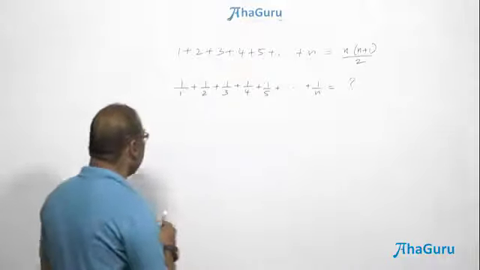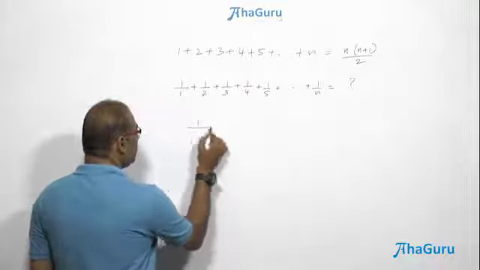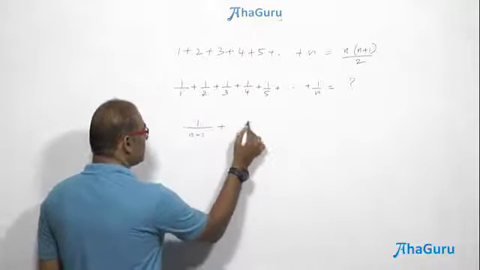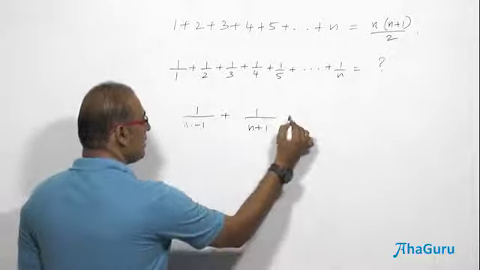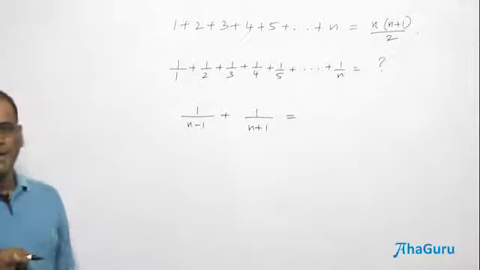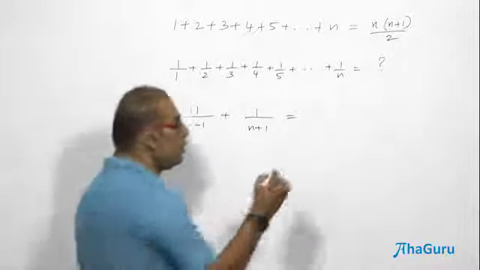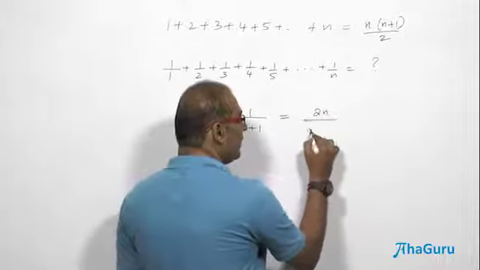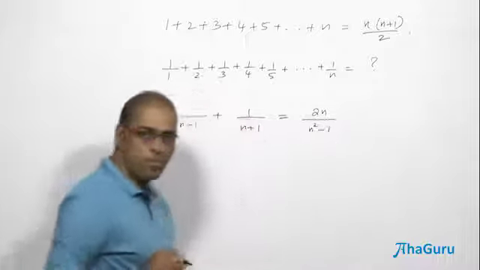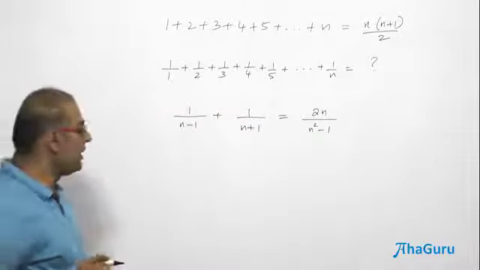So, let me take an identity. Consider this: 1 by n minus 1 plus 1 by n plus 1 is 2n by n squared minus 1.